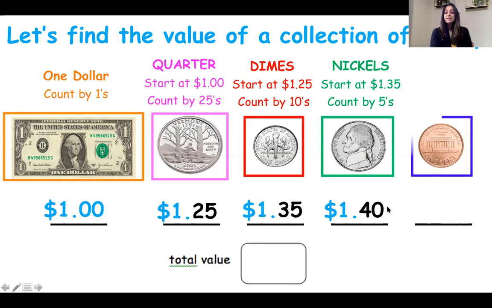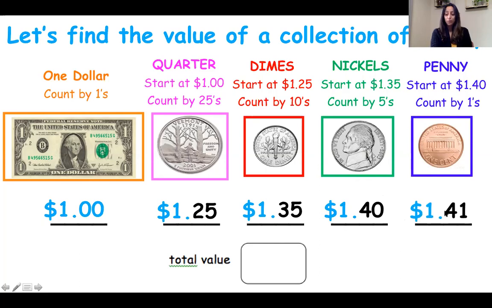Now we're gonna skip count by ones because our last coin is a penny. So we have to start at $1.40 because that's where we left off, and we're gonna count by ones. So that's easy. $1.40, $1.41. So the total value of this collection of money is $1.41.